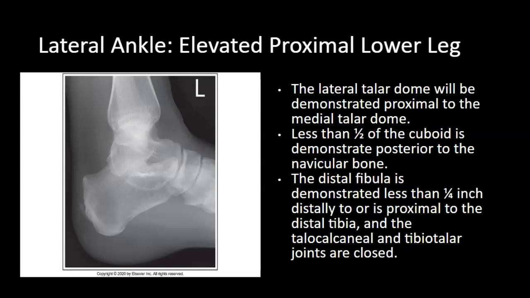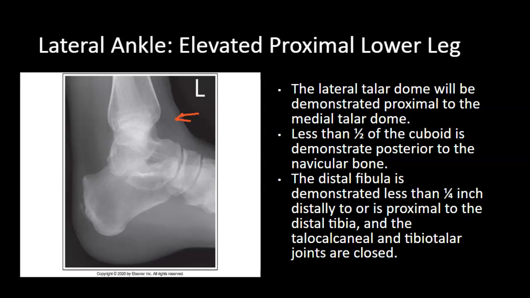In a lateral projection, we talked about in the calcaneus how to determine whether or not we have some lower leg elevation and where that elevation is. In this projection, you first want to look at the tibio-talar joint space, and it is obscured. I would then look at the talar domes.